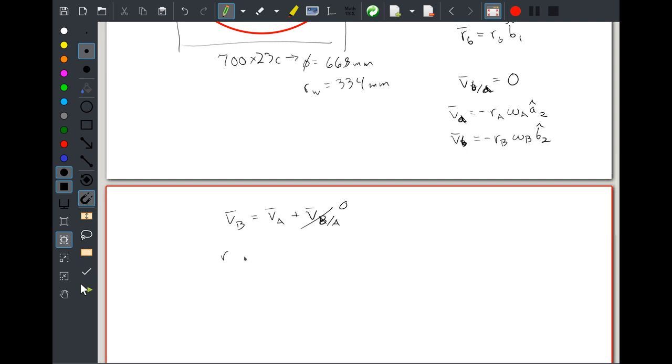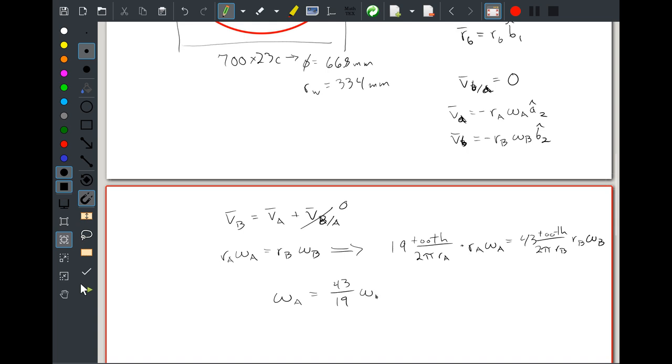So now RA omega A equals RB omega B, or a 19-tooth over 2 pi RA times RA omega A equals 43-tooth divided by 2 pi RB times RB omega B. So total teeth around the circumference, so teeth per circumference times that RA omega A, which leaves me with my relation that omega A has to be 43 over 19 times omega B.